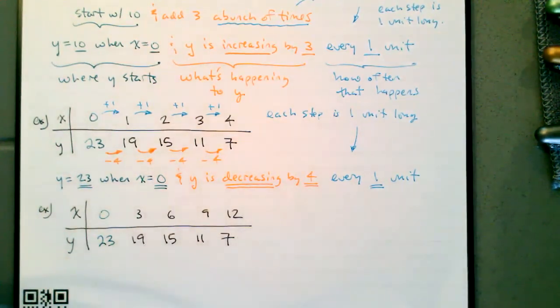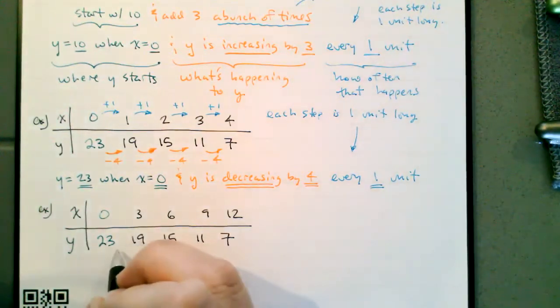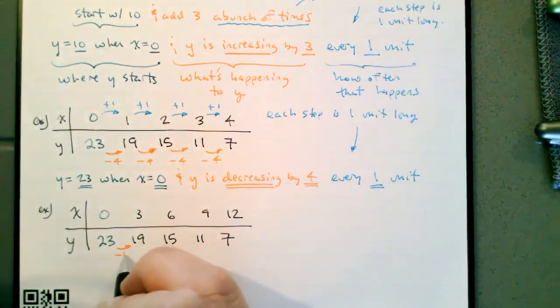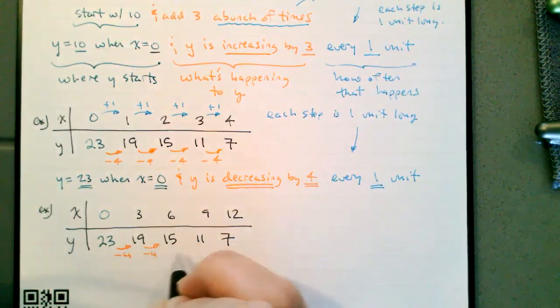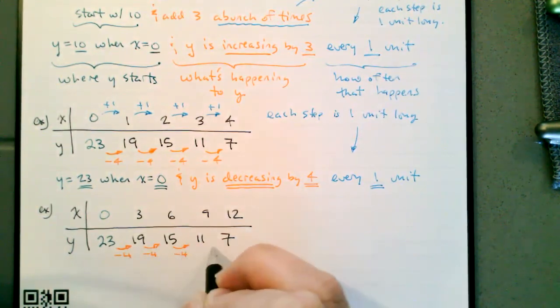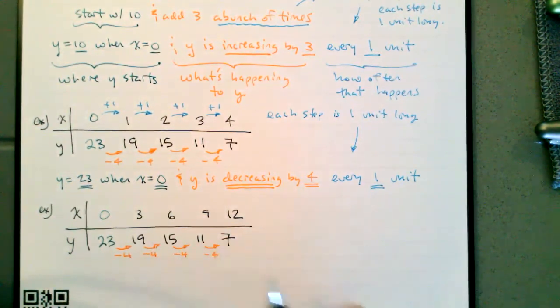So what's happening in the y is still decreasing by 4, but now I've changed the step size.